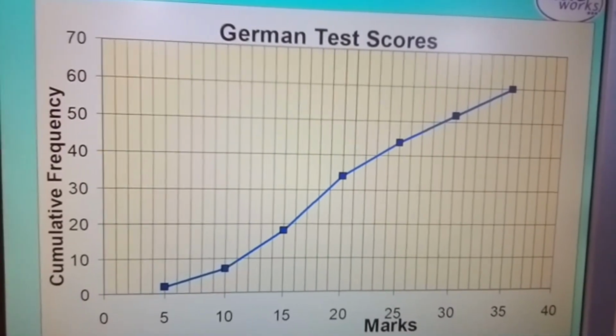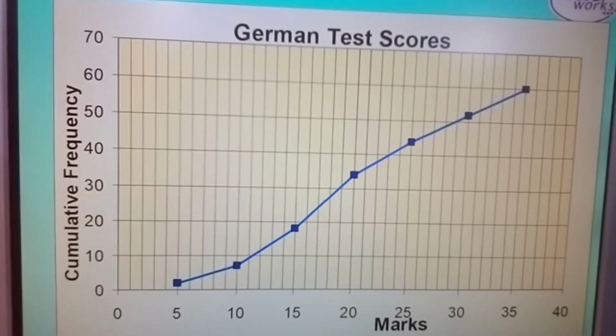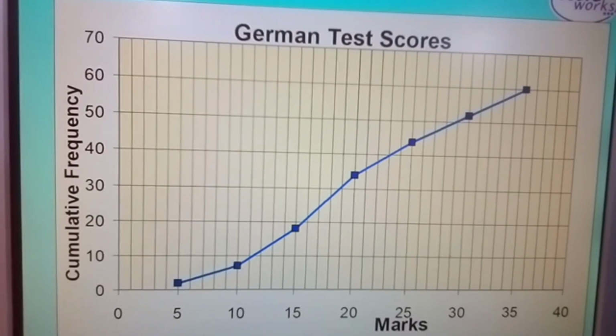Here I don't need to say anything much because you would have done this similarly already. It's just showing you a different graph using different data. That's all.